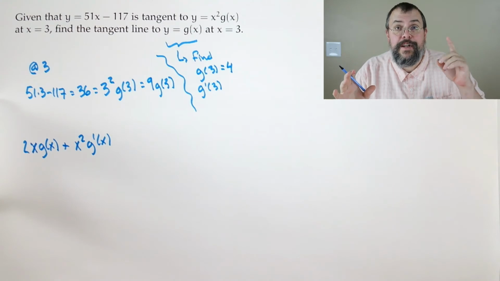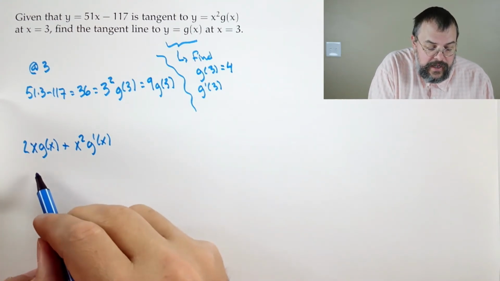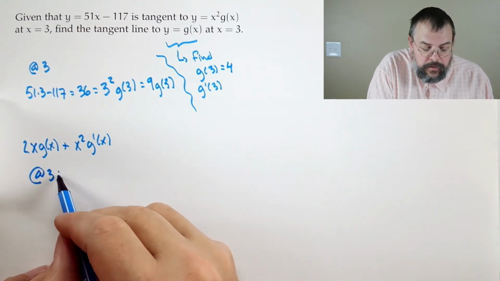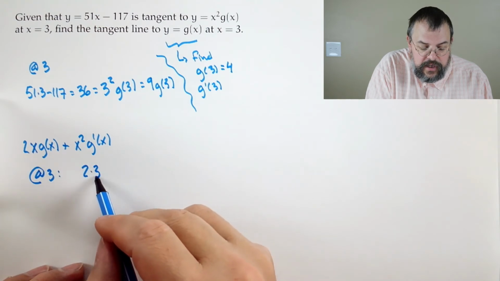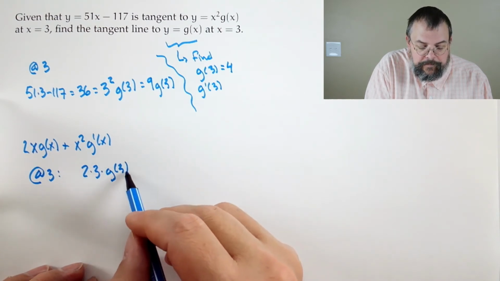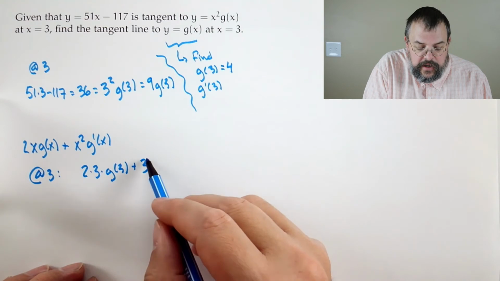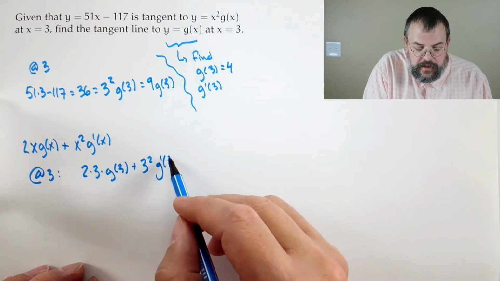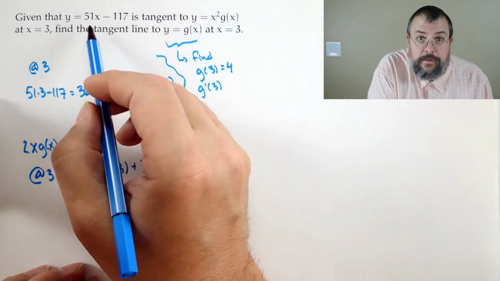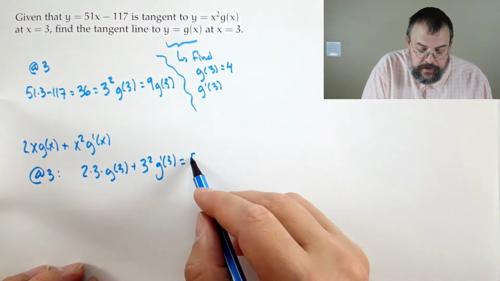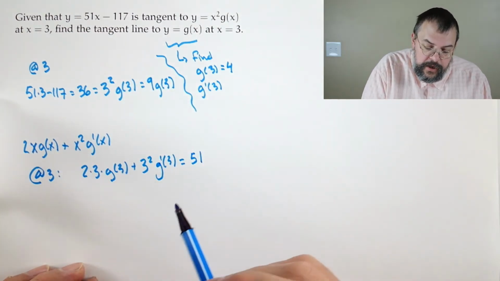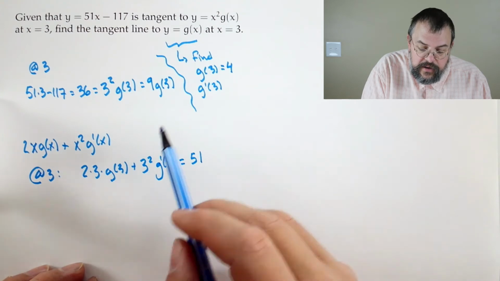We care about what's happening at 3. So at 3, we get that 2 times 3 times g of 3 plus 3 squared times g prime of 3 has to equal 51, the slope of the line. Well, plug in what we know. We know what g of 3 is because we found it.